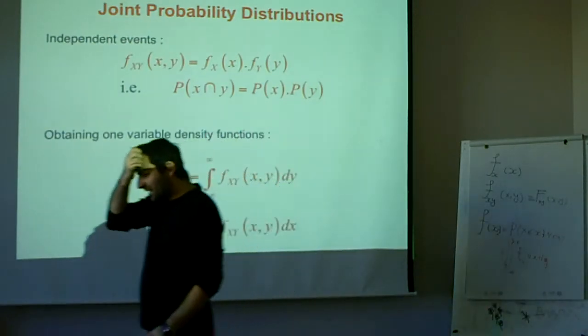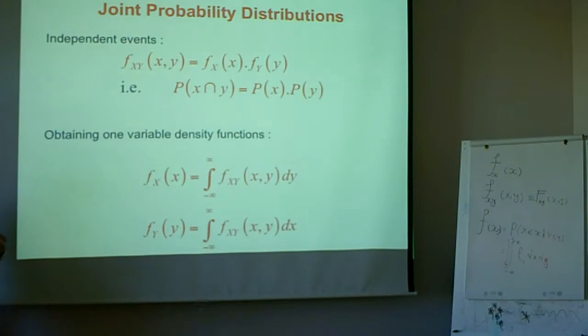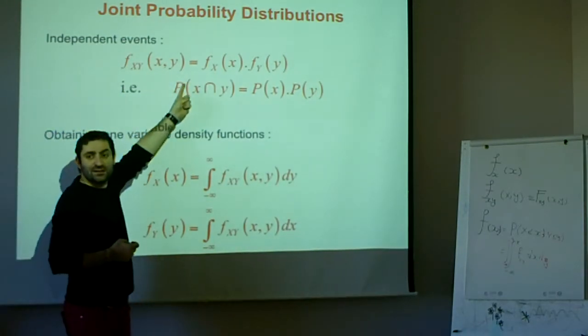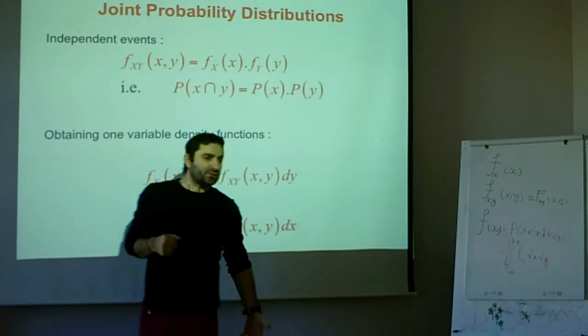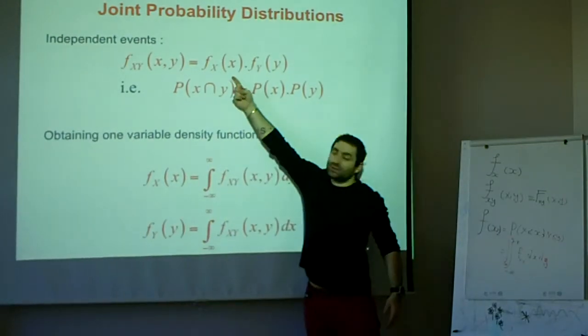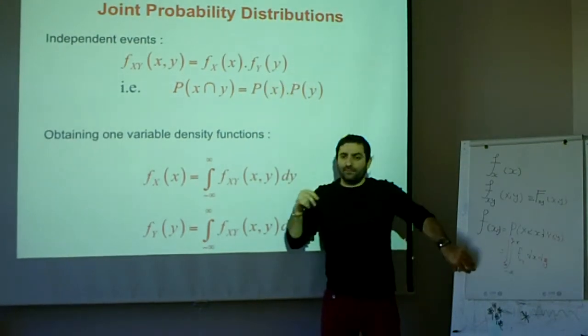Assume that we have f of x and y, and x and y are independent from each other. I will show an example in a second. But it means that if we have a function like this, we don't need to use the double integral to find the values. We know the probability of x, we know the probability of y, we simply multiply them.